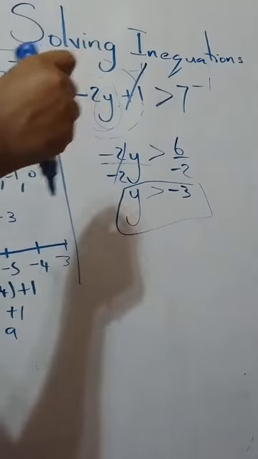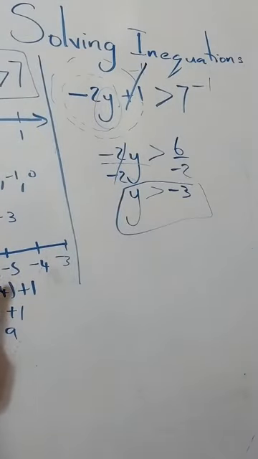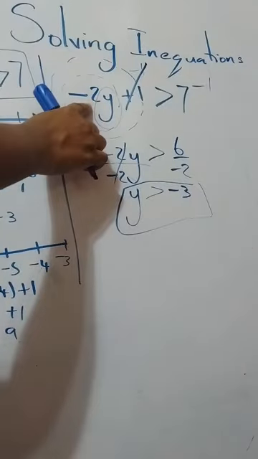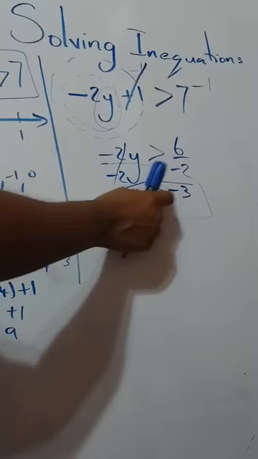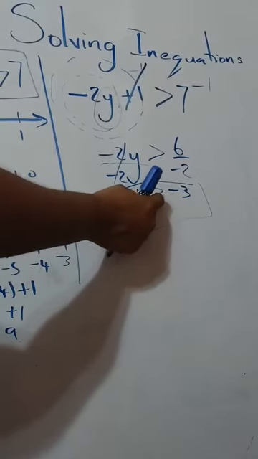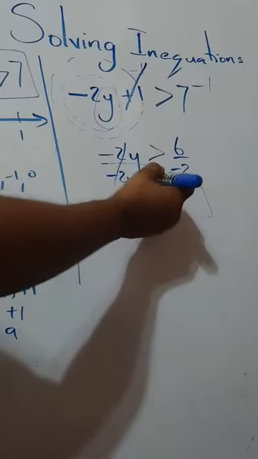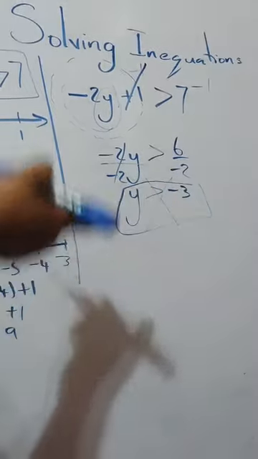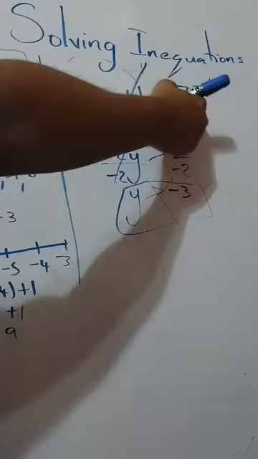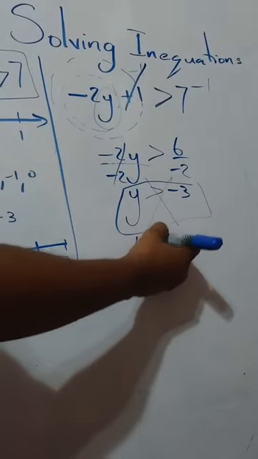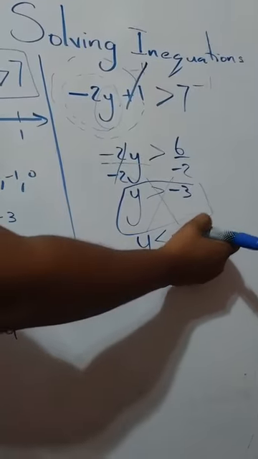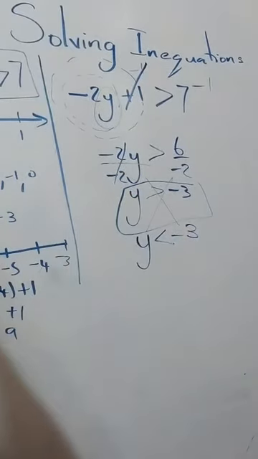Because of that, I can confirm that if you have an inequality and the coefficient of your variable is a negative number, the solution that you get must have the opposite symbol. So this statement is not true because it would not make that statement true. It therefore means that I need to flip the sign. So y would be less than negative 3, and that would make the statement true.